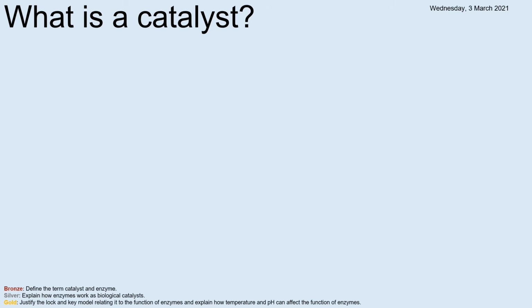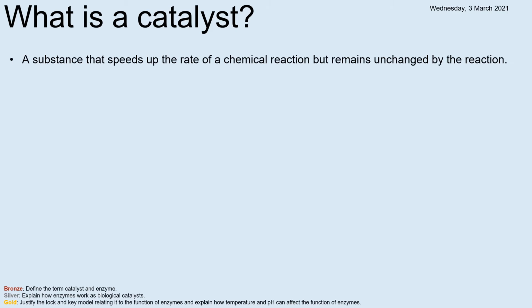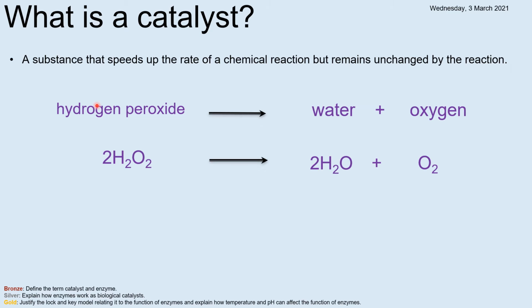So what is a catalyst to start off? A substance that speeds up the rate of a chemical reaction but remains unchanged in the process of the reaction. So hydrogen peroxide is broken down into water and oxygen by manganese oxide. So that is the catalyst for this reaction.